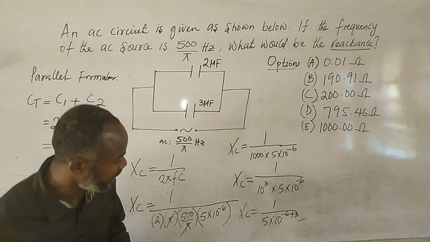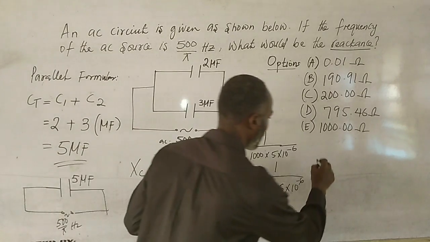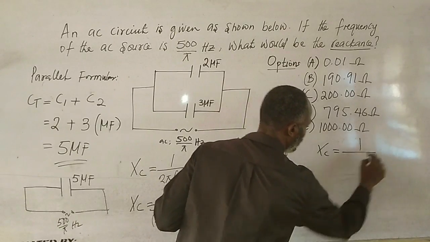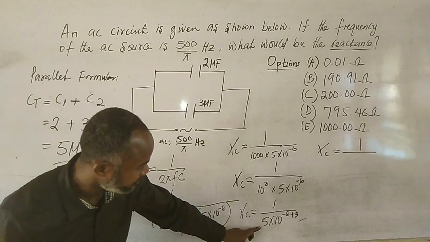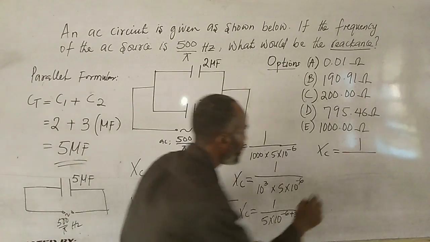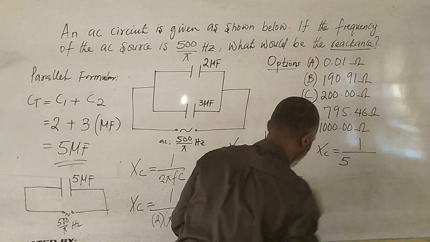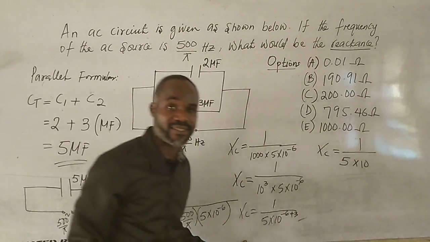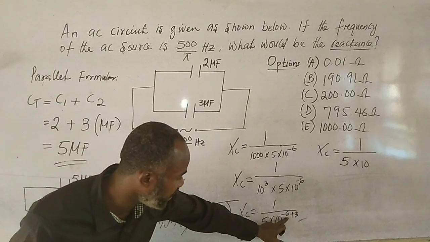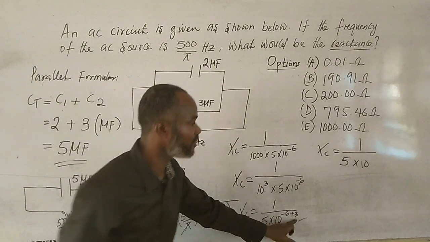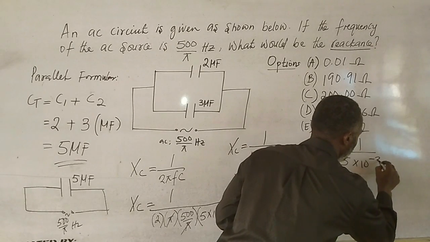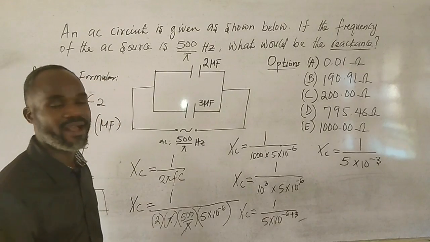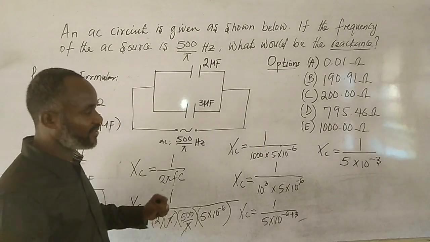Capacitive reactance is equal to 1 all over 5 times 10. Minus 6 plus 3 is going to be minus 3. Absolutely good. We're making sense.